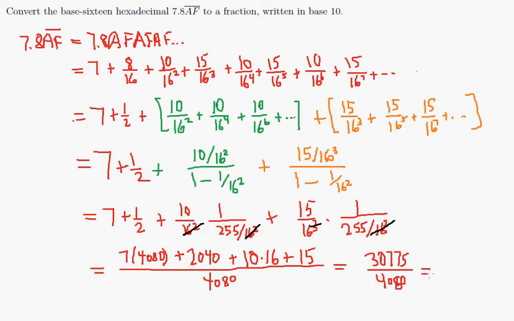And that simplifies by canceling 5s to 6,155 all over 816. And so that is the answer. And the technique was to use infinite geometric series to convert the decimals into fractions.